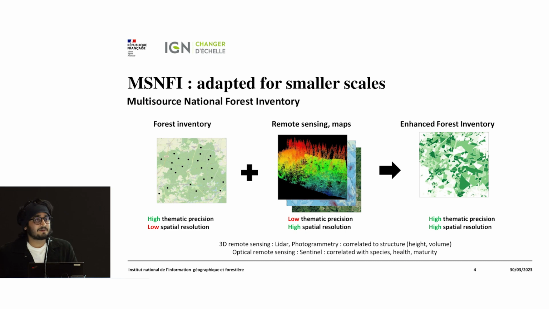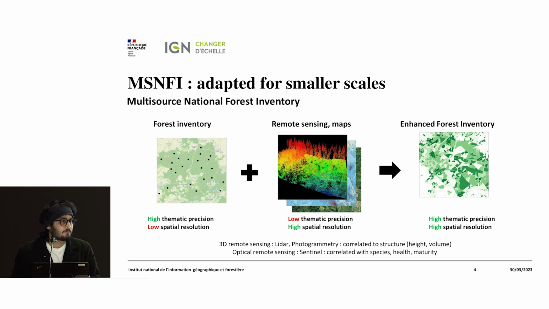So this figure basically depicts the working principle of MSNFI, where NFI field plot data, which is having high thematic precision and low spatial resolution, is combined with auxiliary data, which is coming from remote sensing or any kind of thematic maps, digital maps, which is having high spatial resolution but low thematic precision. So the output which we get from this combination is enhanced forest inventory, which is having high thematic precision as well as high spatial resolution.